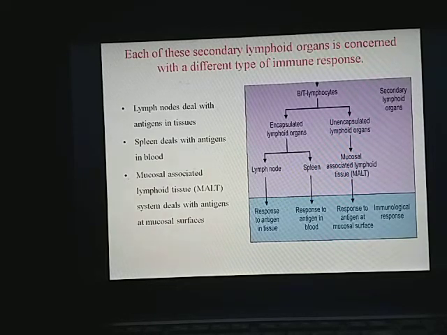Lymph nodes, an example of a secondary encapsulated lymphoid organ, deal with antigens in the tissues, and the spleen, also an encapsulated secondary lymphoid organ, deals with antigens in the blood. Mucosal associated lymphoid tissue, an unencapsulated secondary lymphoid organ, deals with antigens at mucosal surfaces. Three different things and three different functions.